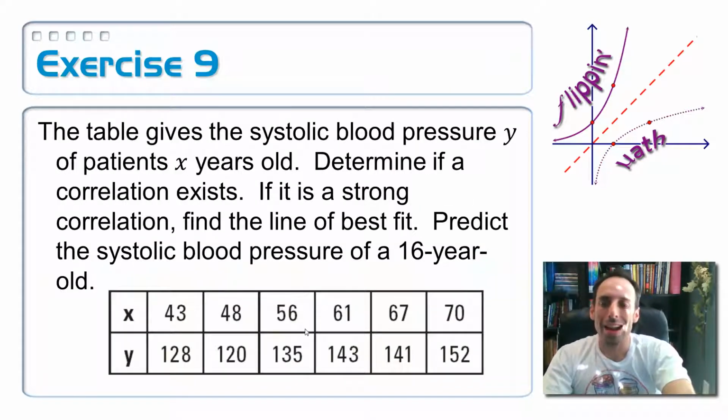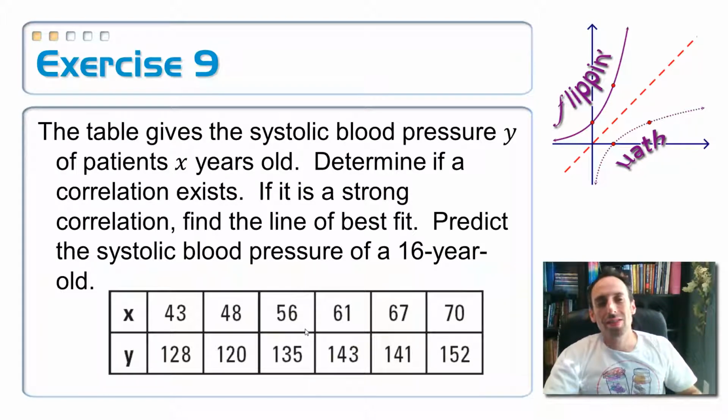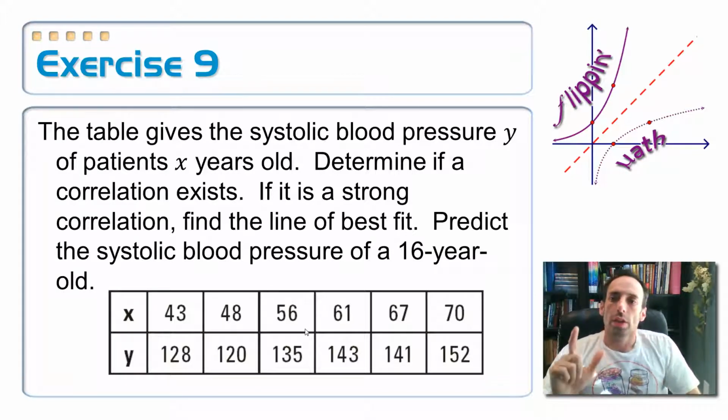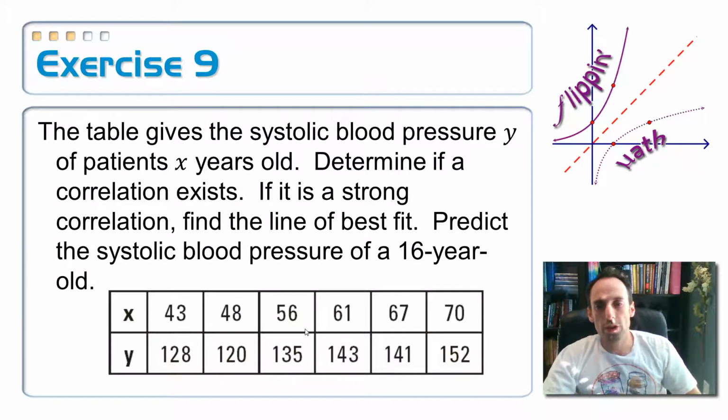Okay, so now it is your chance to practice a little bit, entering the data, finding the best fit line, finding the scatter plot, and all that stuff. The table below gives the systolic blood pressure Y of patients X years old. Determine if a correlation exists, and if a strong correlation exists, find the line of best fit.